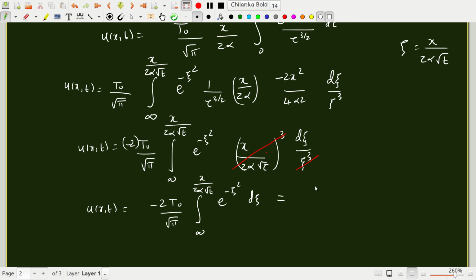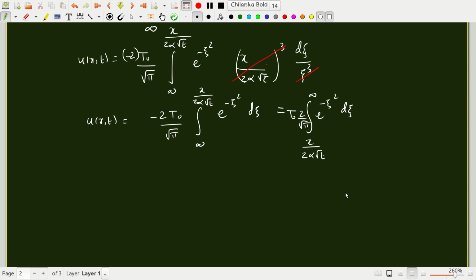I can absorb the minus sign and change the limits, so this is x by 2 alpha root t to infinity, and I get simply T naught times 2 by root pi, integral x by 2 alpha root t to infinity, e to the minus zeta squared d zeta.